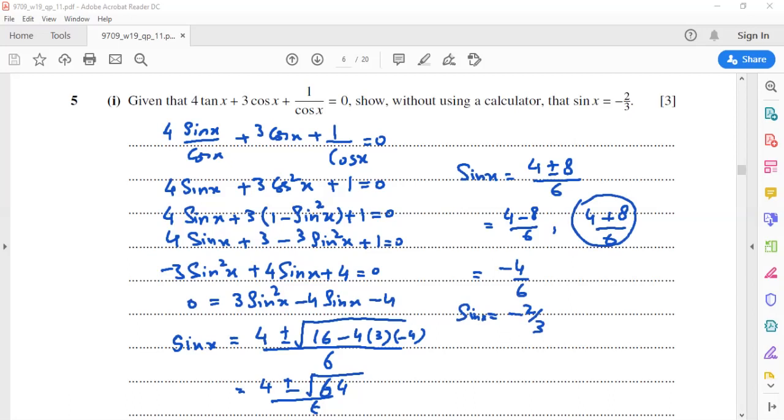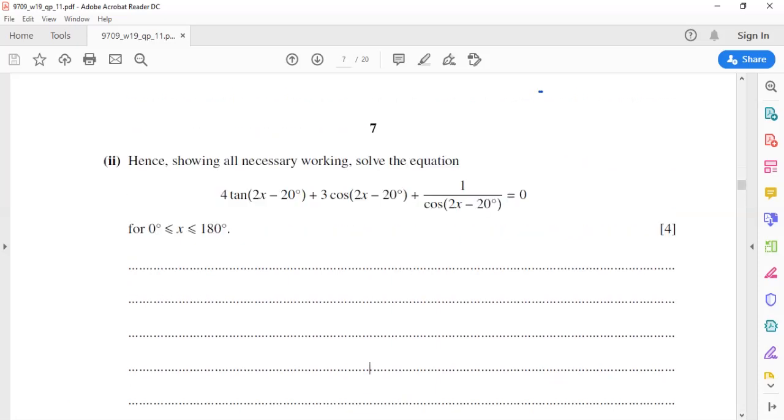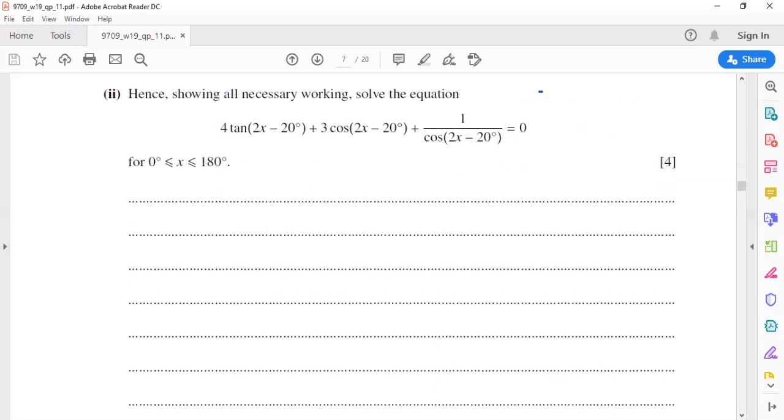Now, let's go to the next part. Now he's asking us to solve 4 tan (2x minus 20) plus 3 cos (2x minus 20) plus 1 over cos (2x minus 20).